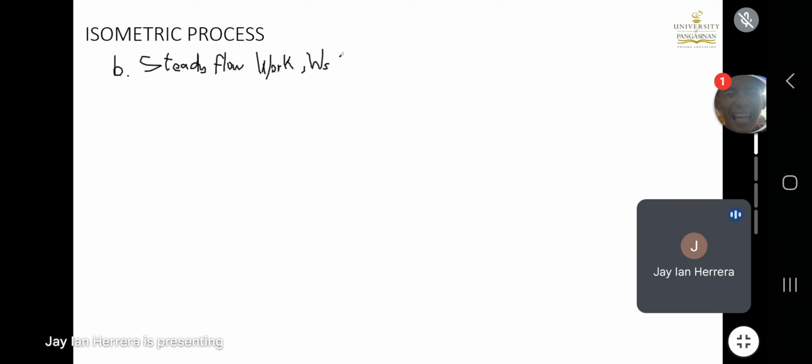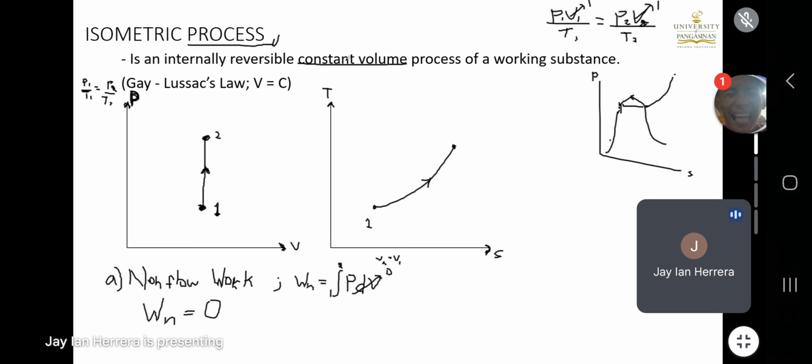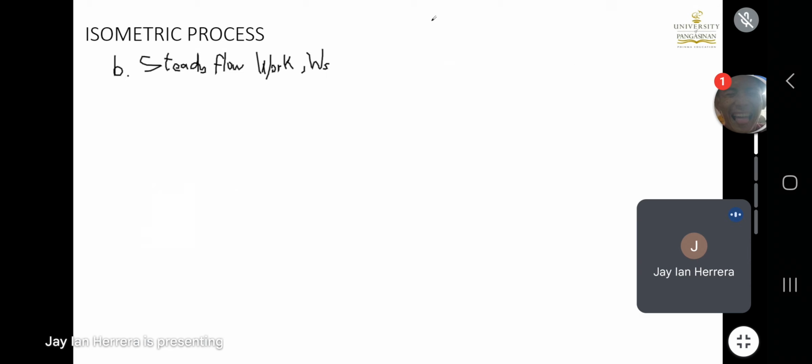So, lagi din naman. Di ba, before, for non-flow work, laging ganito, it is the PdV or pressure times the delta volume. So, for work steady flow naman, it is the inverse of the other. So, meron tayong limits 1 and 2.